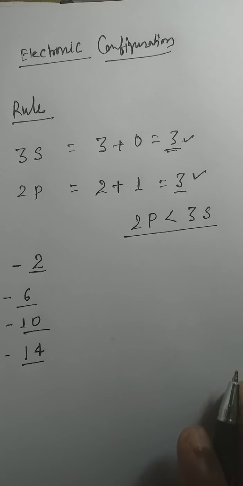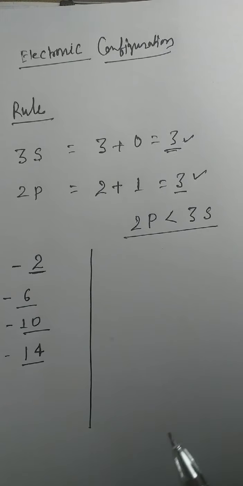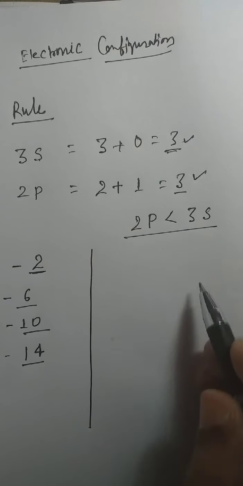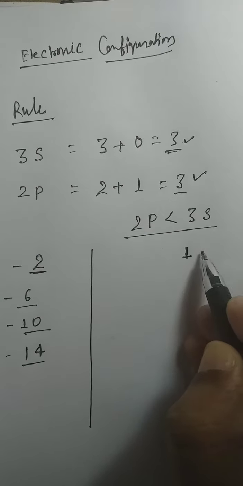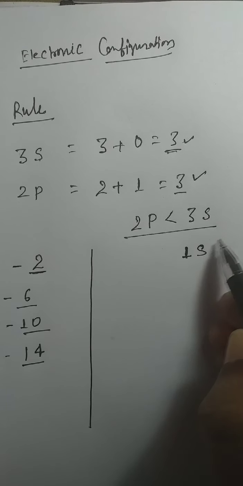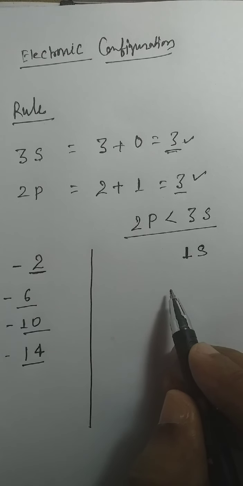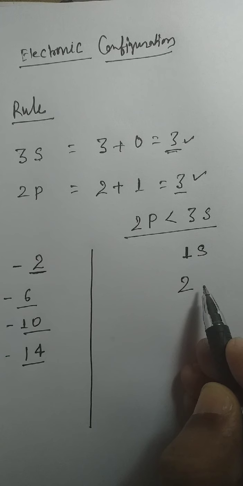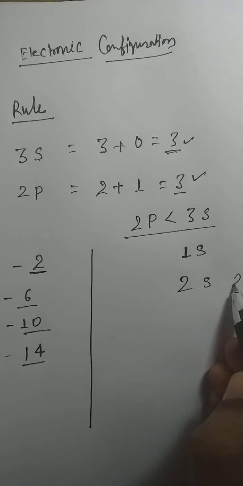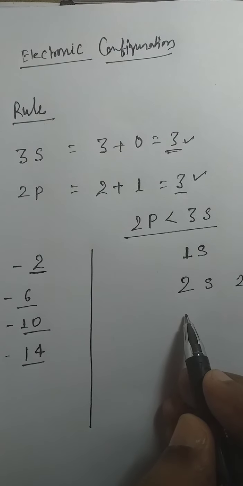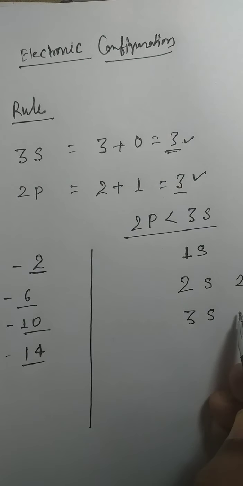Next is how we fill electrons in the normal situation. First, electrons fill 1s, and then 2s, 2p, and again 3s and 3p.